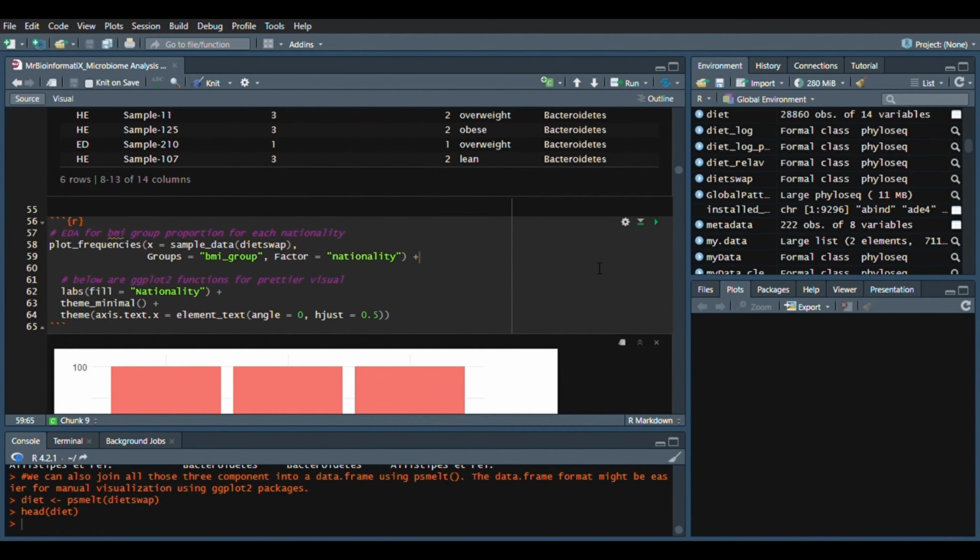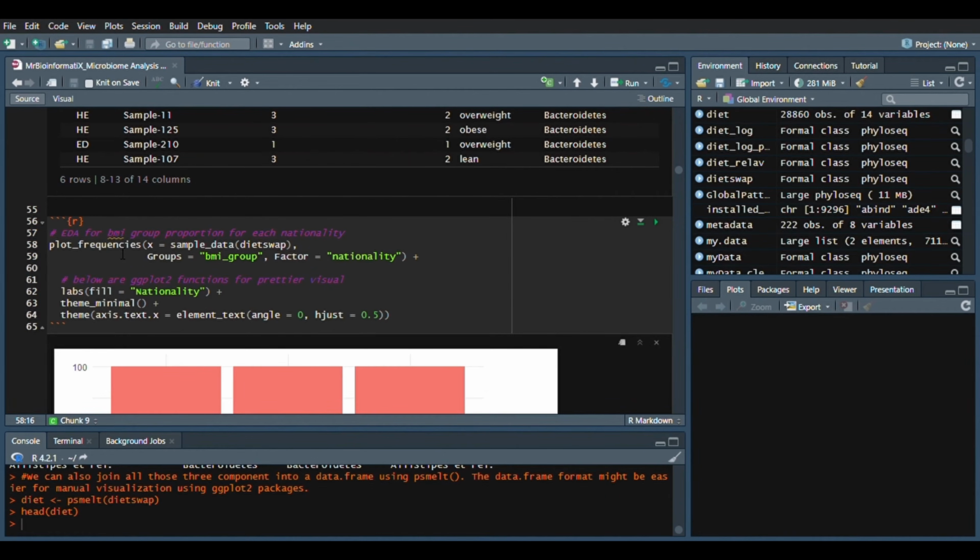Now let's create a visual representation of the proportions of different BMI groups across nationalities using this code. This step is important for exploratory data analysis, or EDA, as it allows us to quickly assess the distribution of BMI classification, such as lean, overweight, and obese among various nationalities in our data.